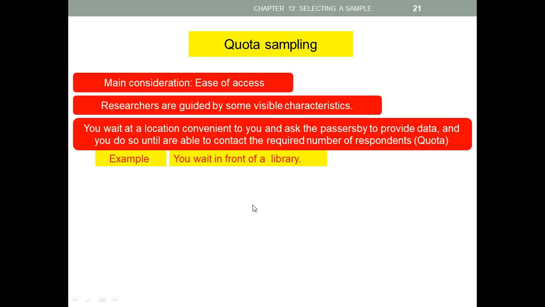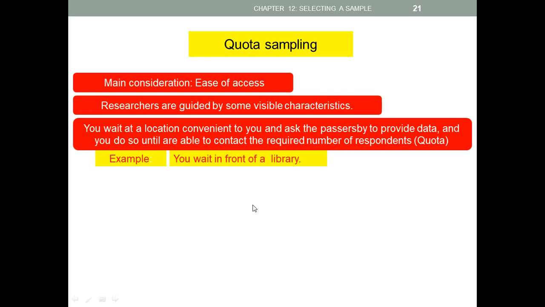I would love to provide you with one more example of quota sampling. It's very easy to conduct a study on, let's say, satisfaction with library services. You should not go to the classroom because it's not productive. If you go to the classroom, a lot of students are going to say, "No, I have never visited the library in the last 6 weeks," and you are only interested in collecting opinions from those who have freshly used the library.